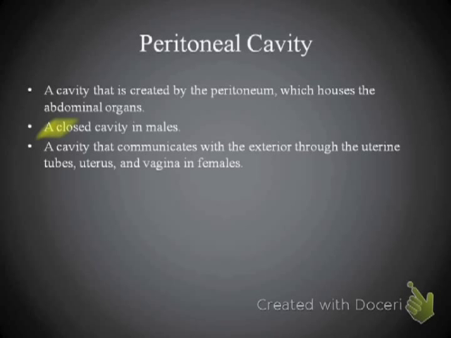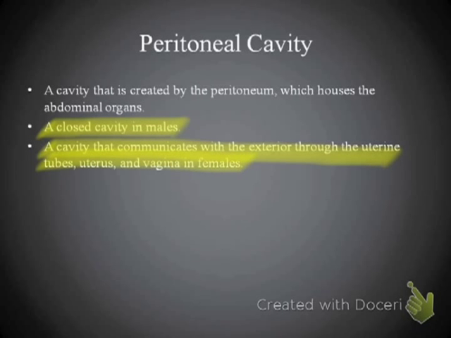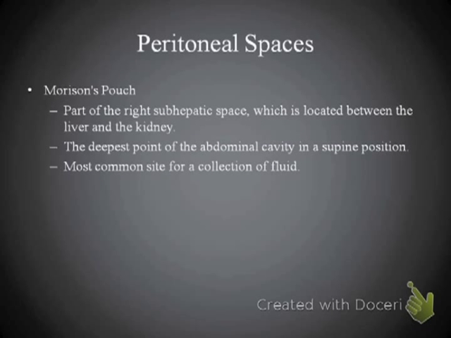Important thing to remember is that it's a closed cavity in males, whereas in females, it communicates with the exterior through the uterine tubes, uterus, and vagina. So where males have a closed peritoneal cavity, females have an open peritoneal cavity.